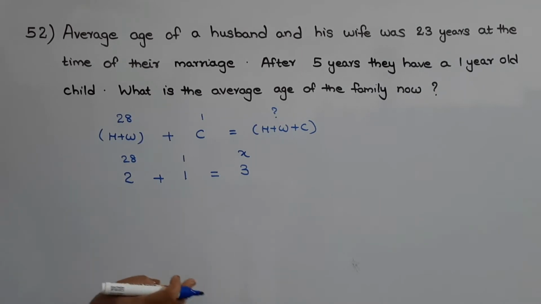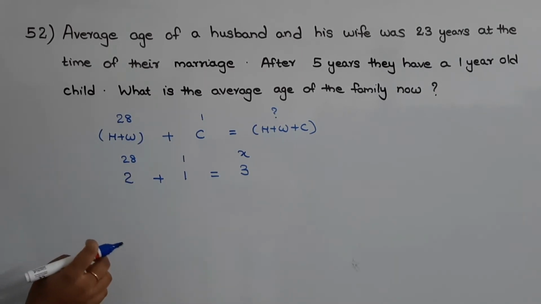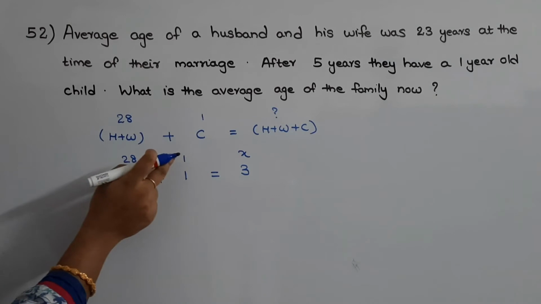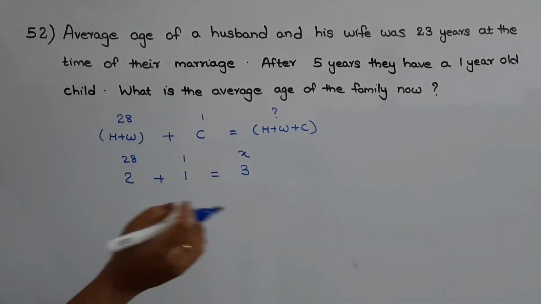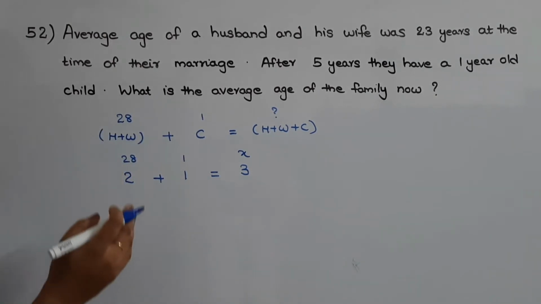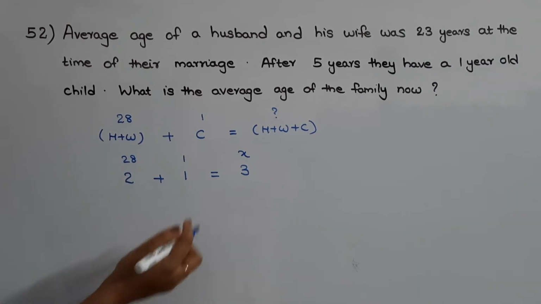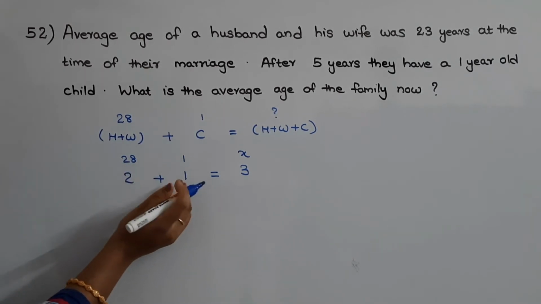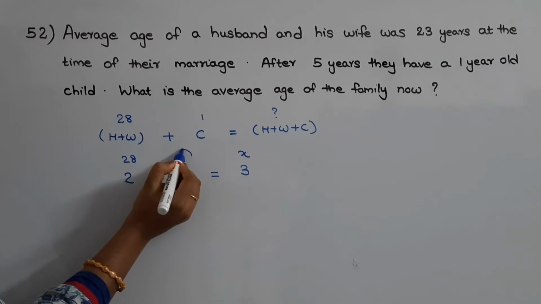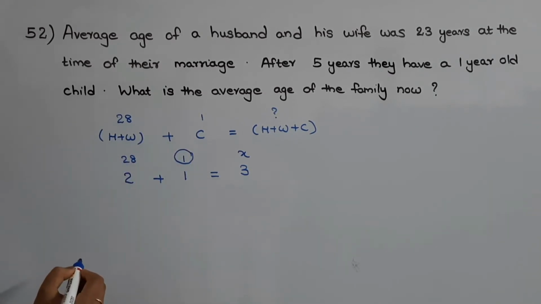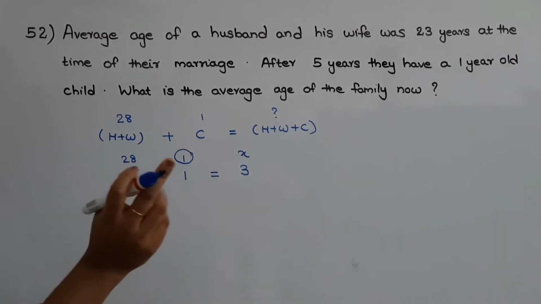Now the next step is we need to take either this 28 or this 1 as a reference average. So I have already told that it is better to take the smallest average as the reference average. So I am taking this 1 as the reference average. So our reference average is now 1.